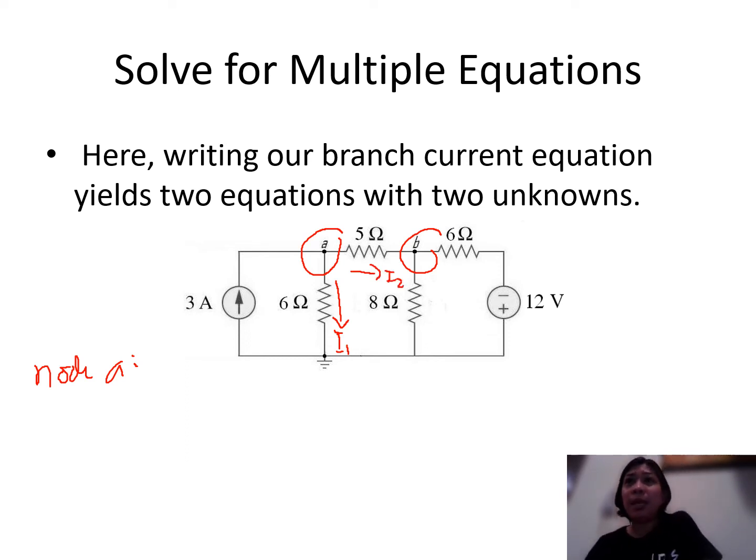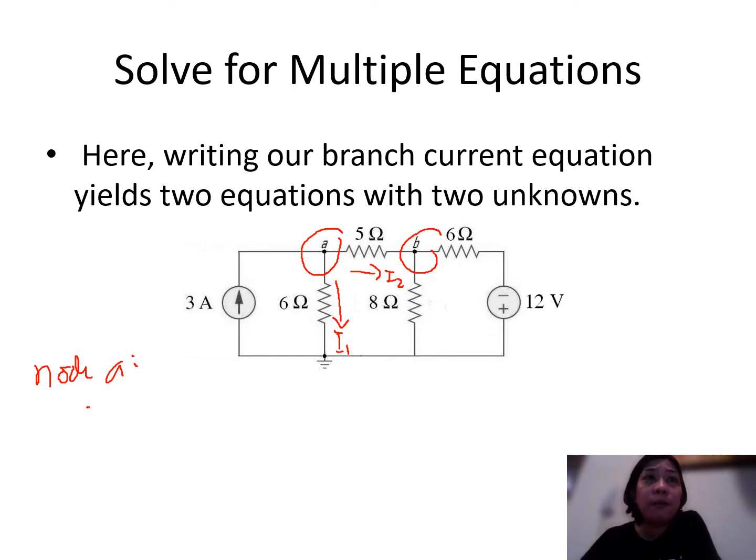From this we can say that we have three currents here at node A. This one is entering, so let us assume that to be negative. Let us assume all of the currents leaving to be the ones which are positive.